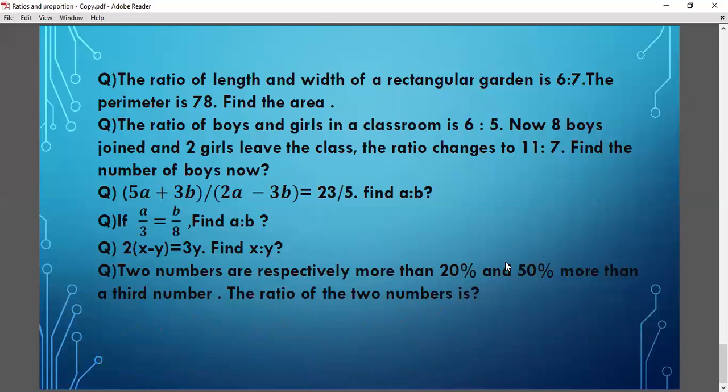Next question: 5a plus 3b over 2a minus 3b equals 23 over 5. For this particular question, you can directly cross multiply and you will get your answer.